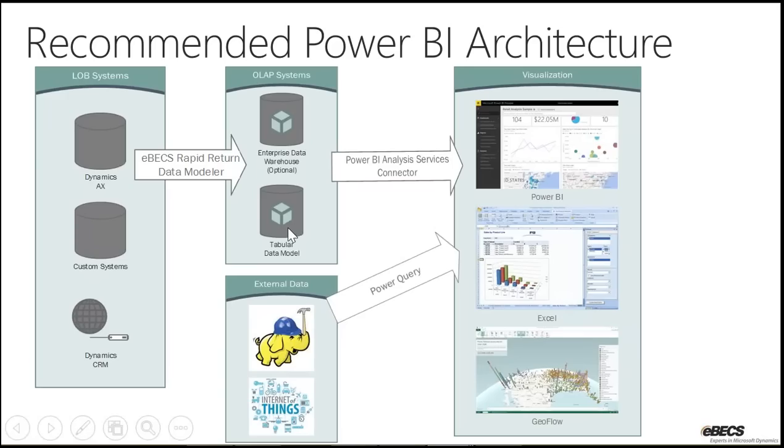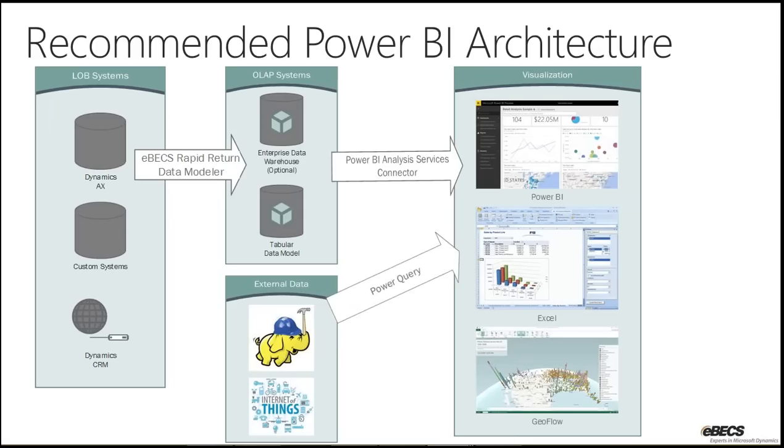So your tabular data model would feed off of either straight from the eBECS Rapid Return Data Modeler, or for a larger installation, it's going to feed off of the enterprise data warehouse and use that as a source. In the end, the main thing is to create this tabular model. You may have more than one tabular model within your organization. And then you would use your Power BI Analysis Services connector to query and build reports, graphs, and dashboards based off of your tabular model.